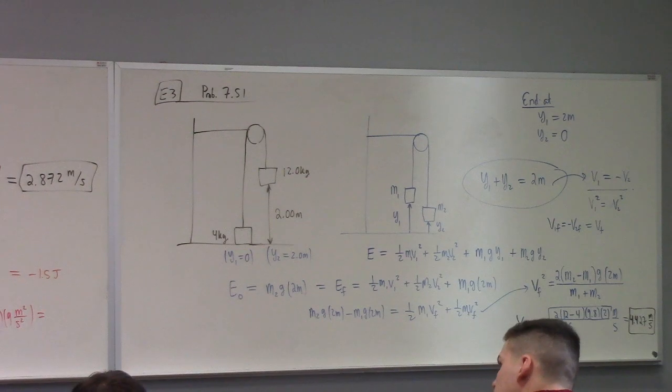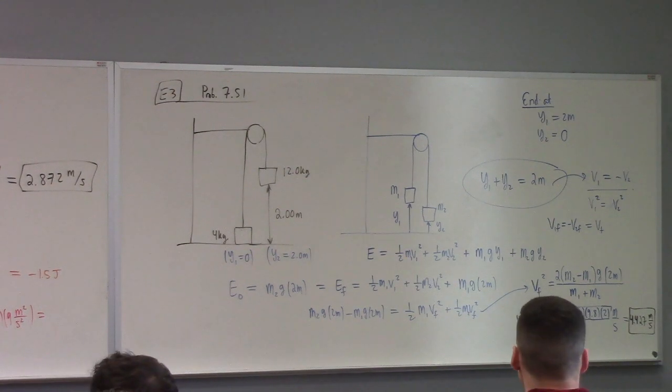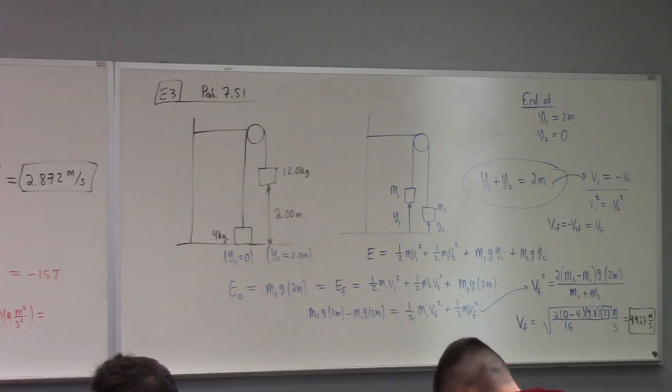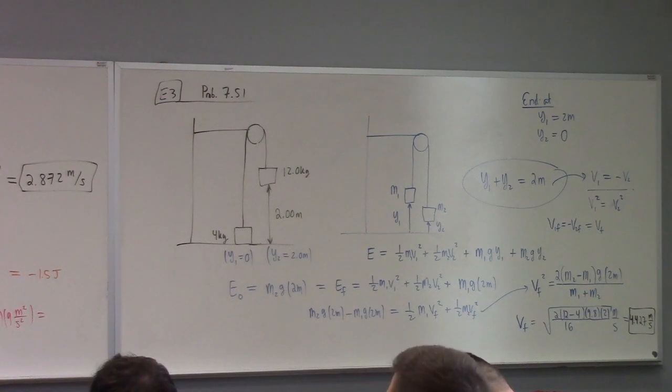Let me just double check my answer over here. Hooray! So it's 4.4 meters per second for my particular set of numbers. You've got different numbers, but you can set it up the same way I did, right? In fact, I think I just foolishly derived a formula you can just use to solve this problem.